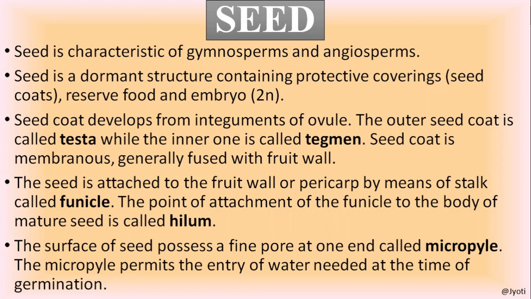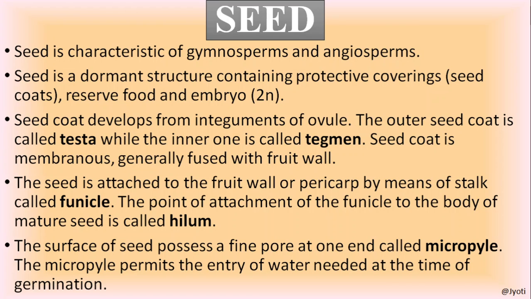The favorable condition for seed germination is the presence of sufficient light, oxygen and water. When these three things are present in the environment, the seed starts germinating. That means the embryo present inside the seed now starts growing and developing into a new plantlet.